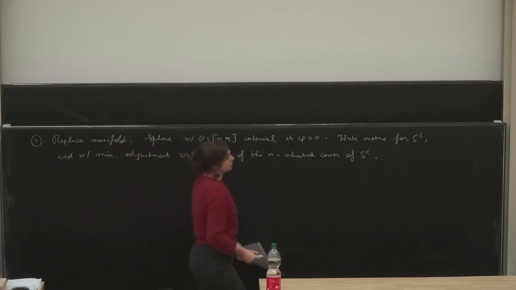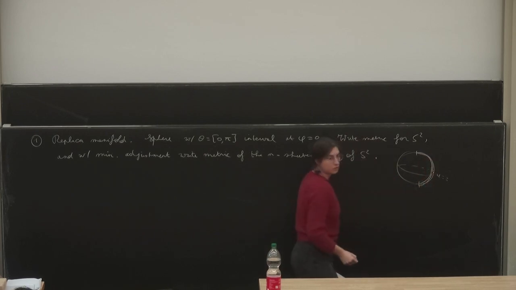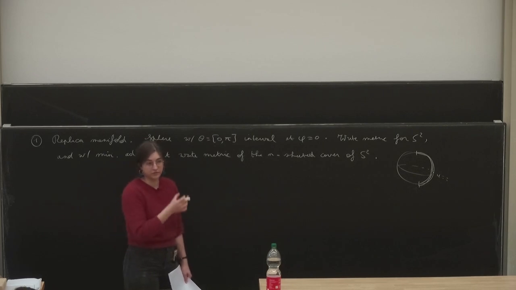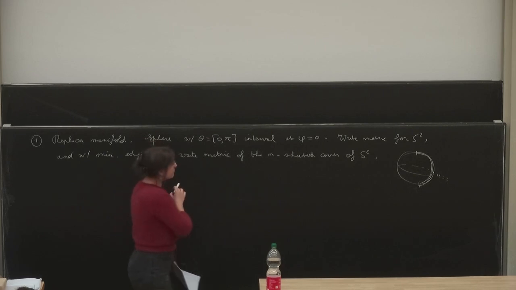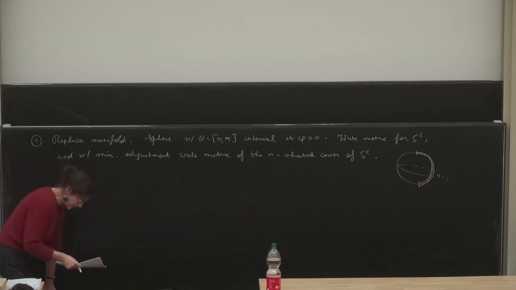So, okay, roughly, this is your sphere. Theta is 0 to pi at phi, let's say phi 0 is in this point. This is your interval, so this is the slit along which you would make an n-fold replicated version of this. So this is the problem about the replica manifold.